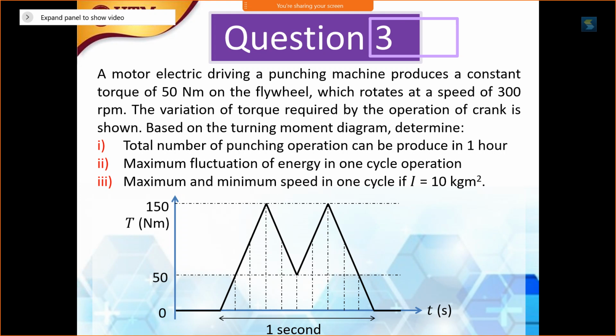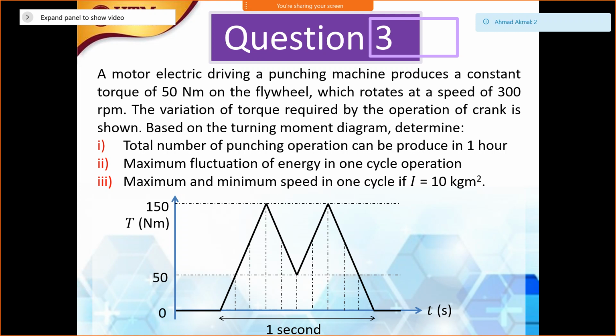Okay, first is you need to determine what types of flywheel here, type number 1 or type number 2. One or two? One. Are you sure one? A motor electric driving a punching machine produces a constant torque.